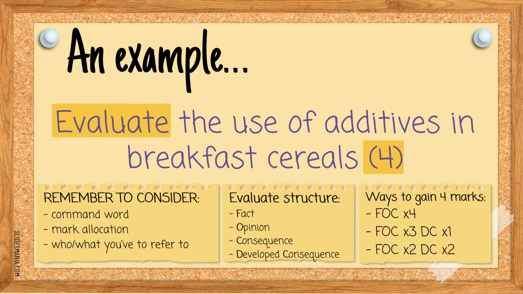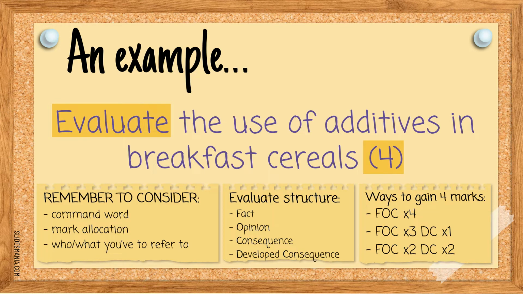In order to gain those 4 marks, we could just give 4 fact, opinion, consequences, or we might give 3 fact, opinion, consequences and then develop one of those answers further to give a developed consequence. Or we might feel really confident about our facts and know quite a lot about them, so we're going to give 2 fact, opinion, consequences and 2 developed consequences.